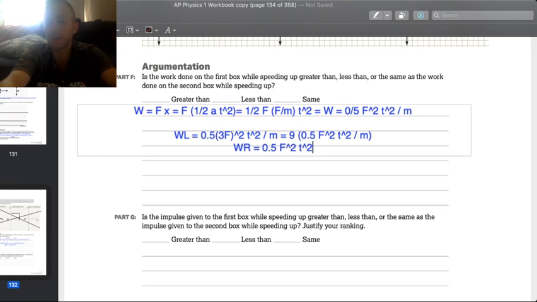It's the same amount of time that the force is applied for, divided by 2m. So that's equal to 0.5 times the quantity 0.5 F squared t squared over m. So you can see that the work in the left case is actually 18 times the work in the right case. See how the thing in parentheses is the same for both of them.